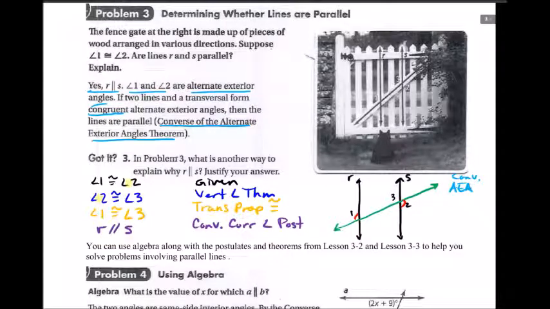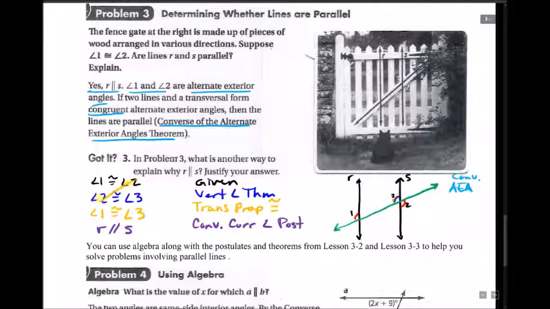Okay, hopefully you saw that this is just a flashback to the proofs that we did on the front page. We are given that angle 1 and angle 2 are congruent. Angle 2 and angle 3 are congruent by the vertical angle theorem. And then I can see that angle 1 and angle 3 are congruent by our transitive property of congruence.